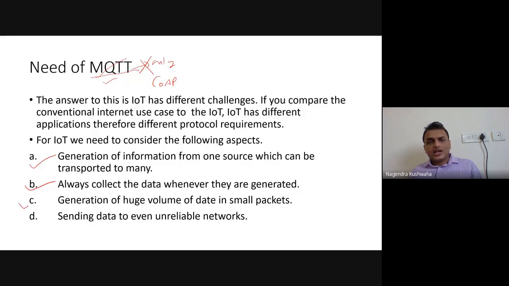As we are aware, there are sensors which generate a small amount of data, right? And if there are a lot of sensors, the volume of the data will be huge, and this volume consists of a small amount of data from each sensor, right?